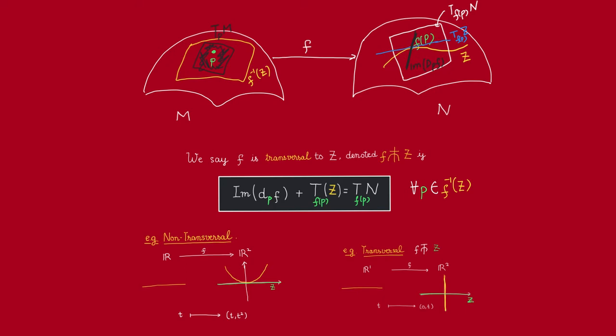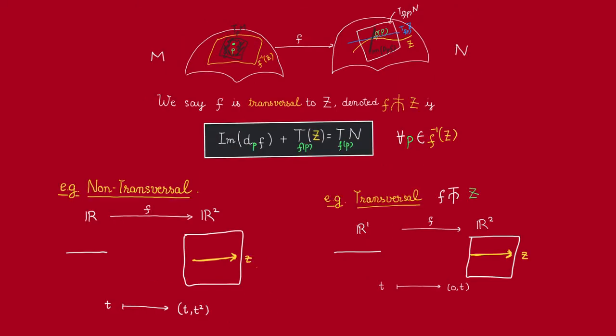In other words, the tangent space to N at F(P) is generated by two subspaces: one is the image of this derivative d_P F, and the other is the tangent space to Z at F(P). If that condition holds for every point P in this preimage of Z, then we say that F is transversal to Z. So that was a bit of a mouthful.